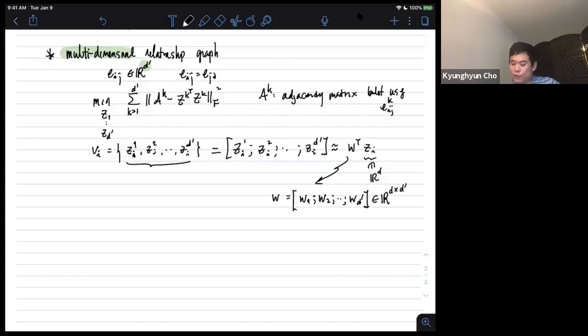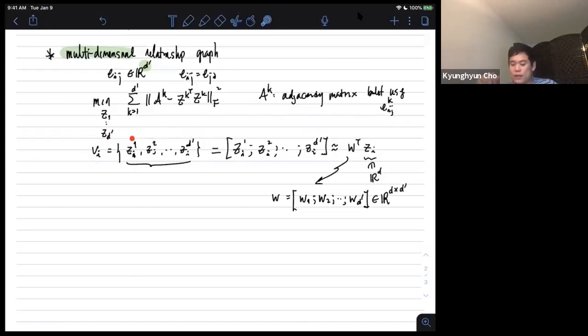So what it means is that we are still going to represent the ith vertex using d' many vectors, right? z_i1, z_i2, and then each vector tells us about this ith vertex in the context of one of the d' many relationships.